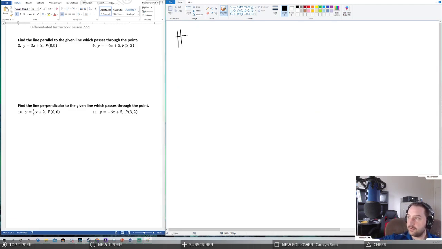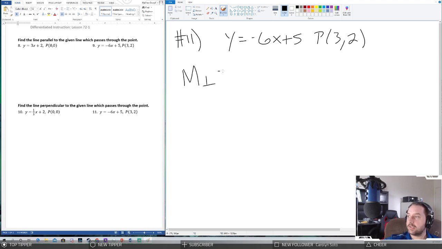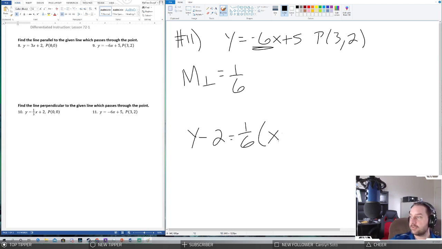We'll do number 11 on this one. So for my equation y equals -6x plus 5, my point is 3, 2. Perpendicular slope means opposite reciprocal. So from -6, opposite means you change the sign, and reciprocal means you flip it. So it's going to turn into a positive 1/6. So then y minus y1 equals my m times x minus x1.